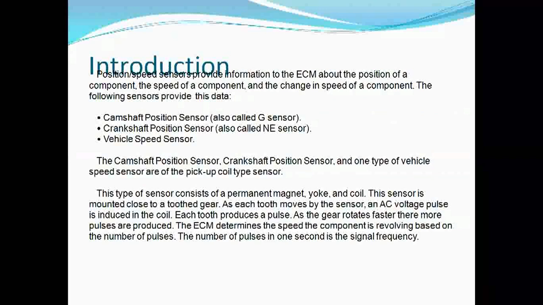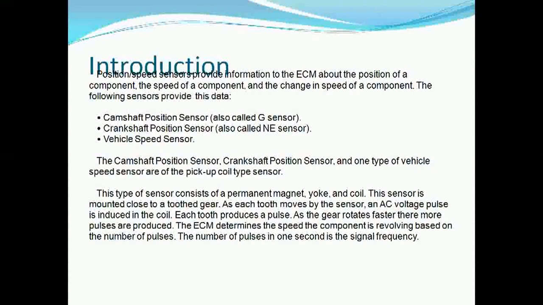Simultaneously, the systemic device in the sense the minute components have been manufactured, which is called as a G sensor, placed at the camshaft positioning of the particular sensor, and even that the crankshaft and the vehicle speed need to be measured.